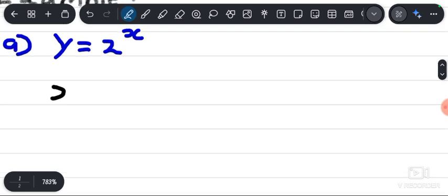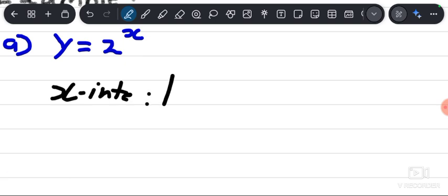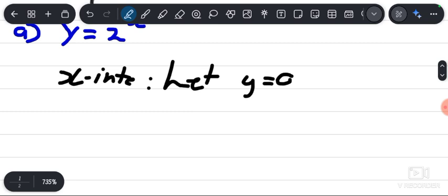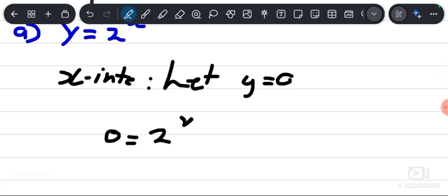Now for the x-intercept, what do you do? You let y be equal to 0. Right now, what you're going to do here is that you're going to get 0 is equal to 2 to the x.